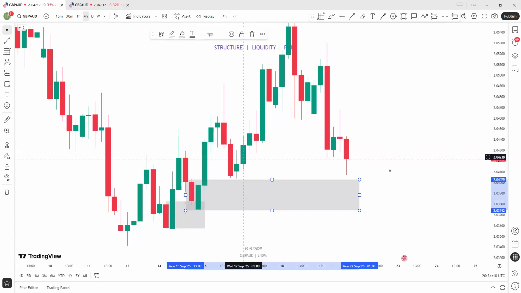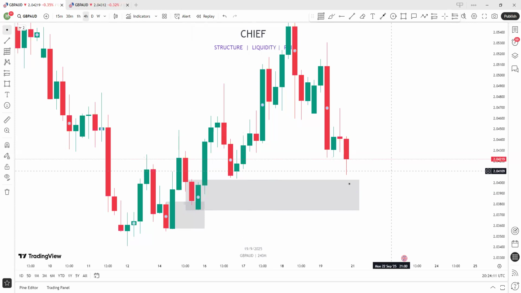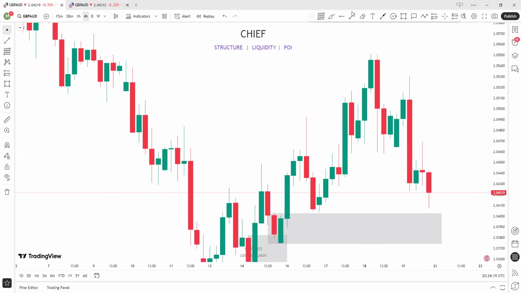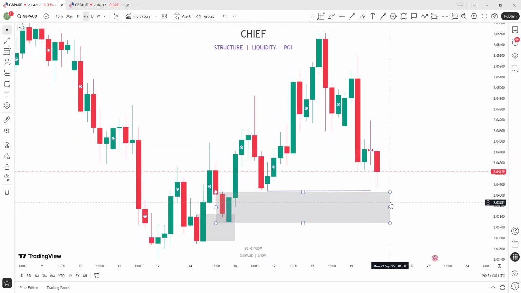So we wait for the market to tap fully into this and we just buy. By tapping into this, it means it has swept this liquidity, this low here. That's a liquidity grab. Price will sweep this one to tap into here, which we call inducement. It sweeps the inducement and then we buy.